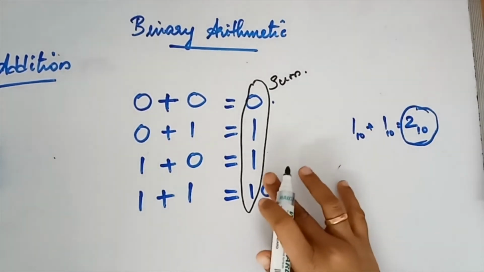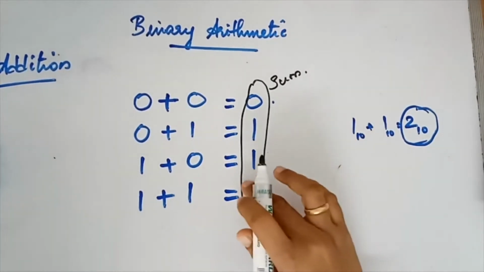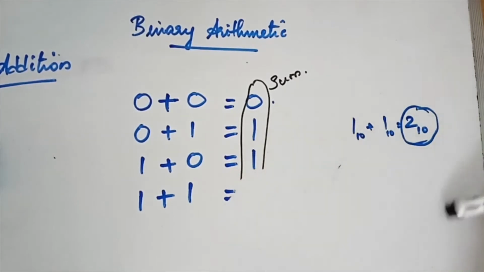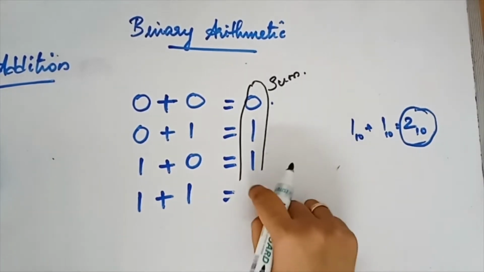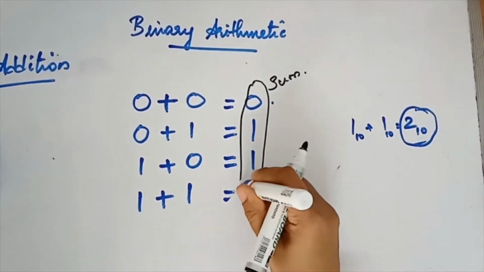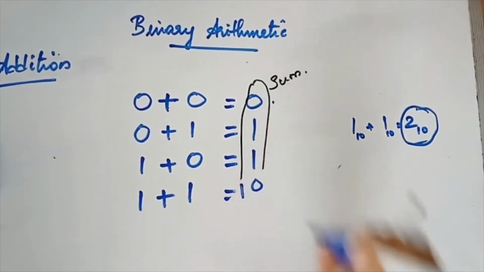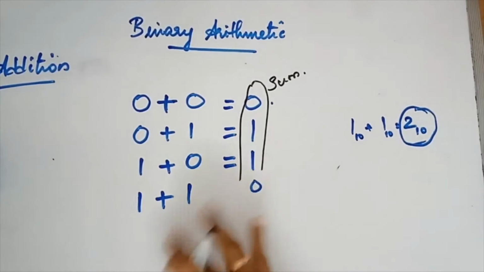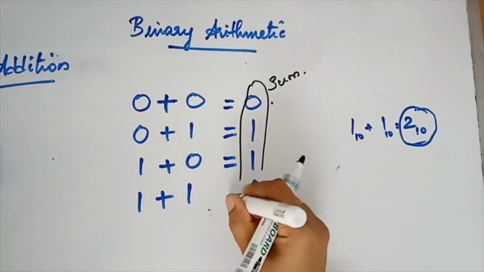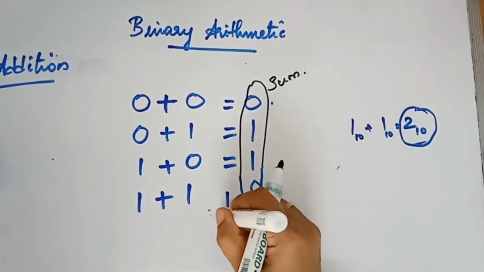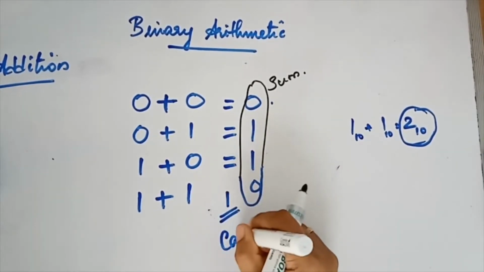In the case of 1 plus 1, the answer is 1 0. So this 0 is the sum and this 1 is the carry.